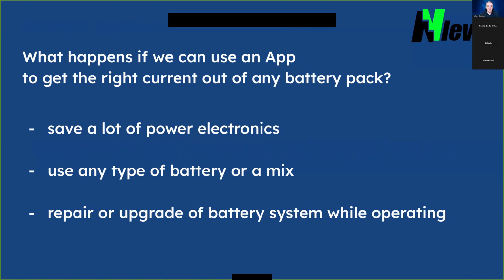So no power electronics is used, there's no conversion, and you can get any type of current you want, use any type of battery, and even repair and upgrade the system while it's in operation.